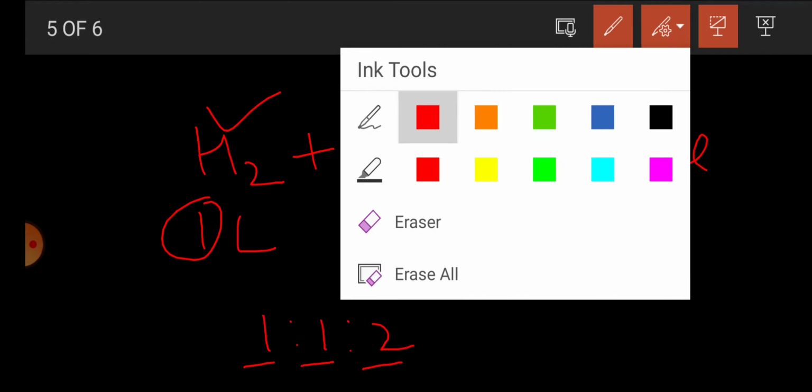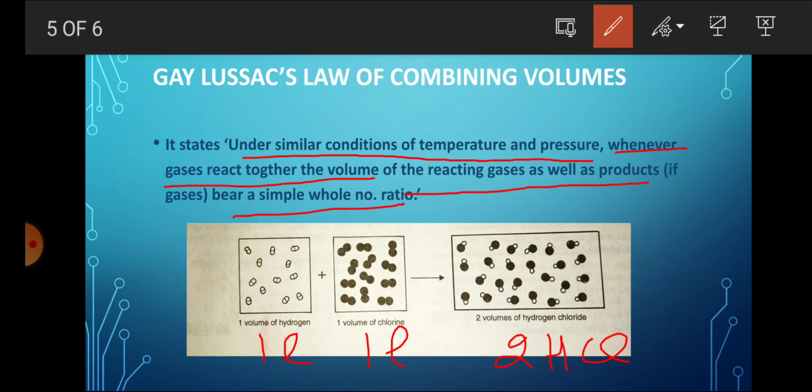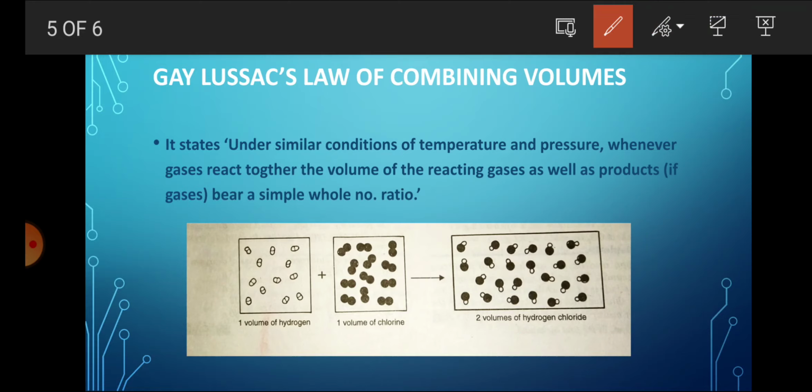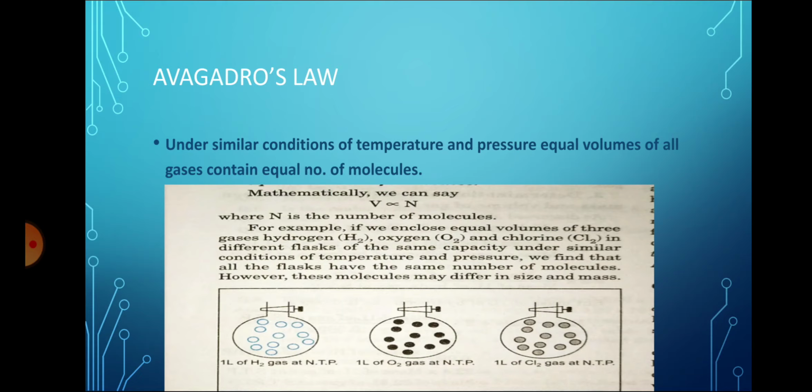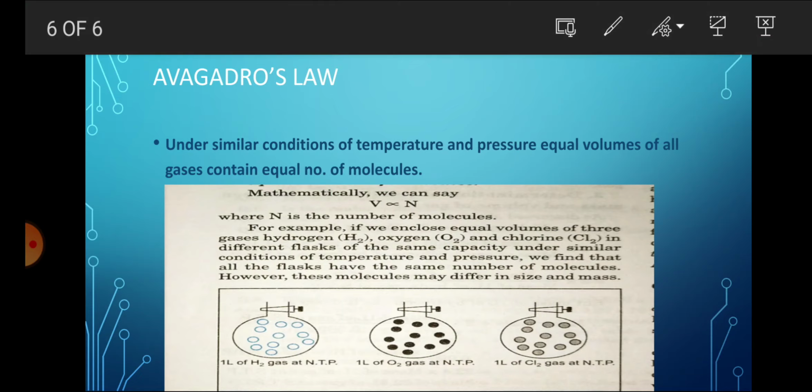Okay, students. So let's see another one. Next is Avogadro's law. According to Avogadro's law, under similar conditions of temperature and pressure, equal volumes of gases contain an equal number of molecules.